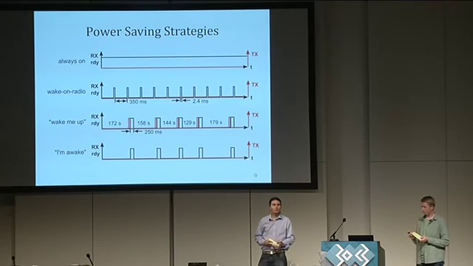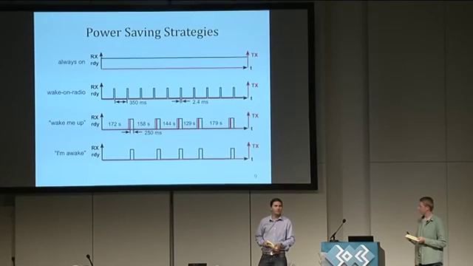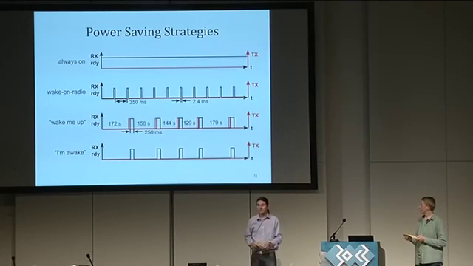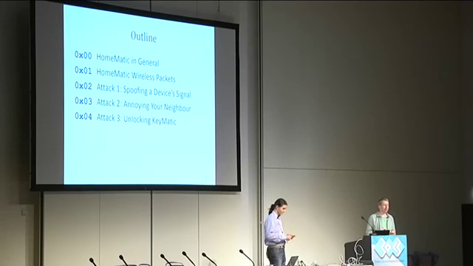When they want to exchange information with the central, they send a wake me up packet in broadcast mode, and the central can react and initiate data transfer. The third power saving strategy is almost the same as the default AES key when you changed it.